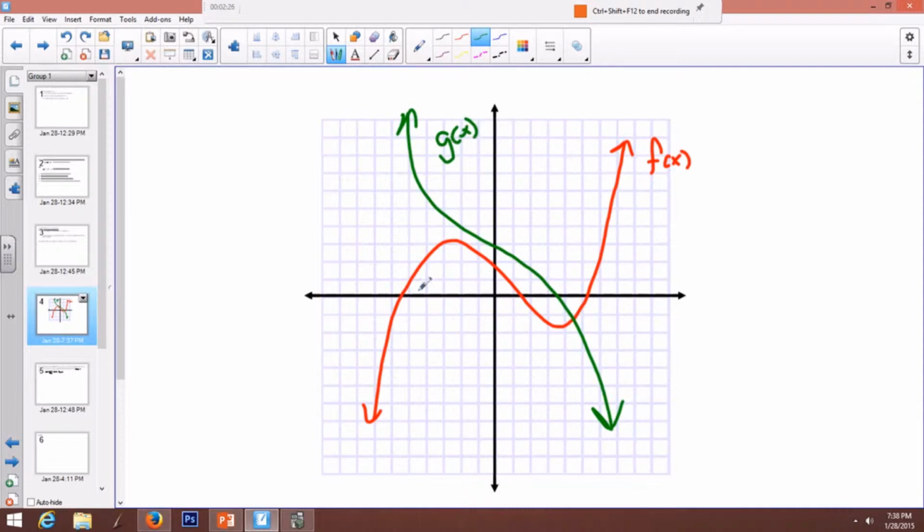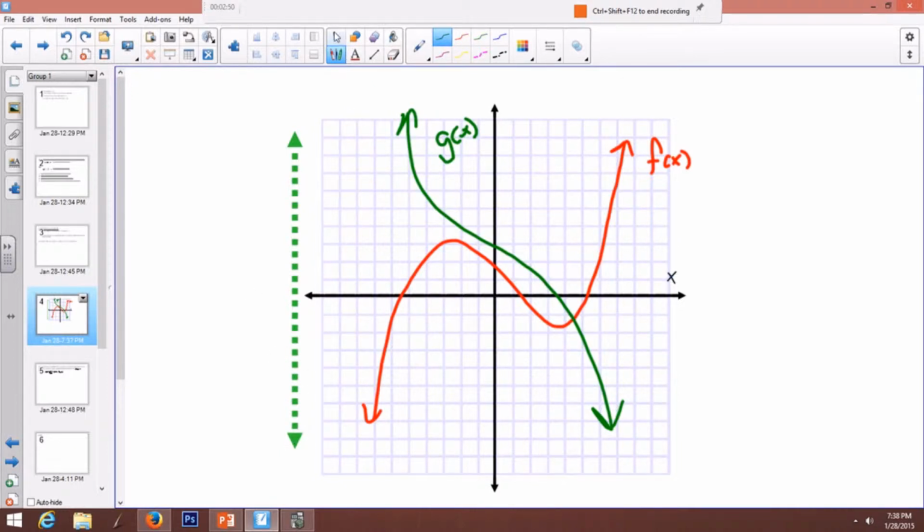Both of these are functions because they pass vertical line tests. If I take that vertical line and I run it across there, I only cross that vertical line at one place anywhere in the domain of this function f of x. So it passes a vertical line test.